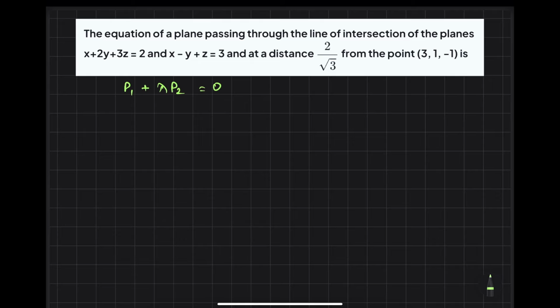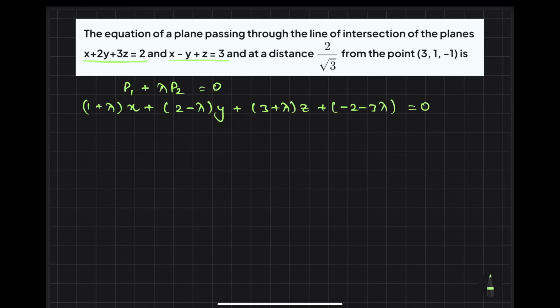So let's club everything. Plane 1 is this, plane 2 is this. Now let's write down everything together. So x will contain 1 plus lambda x, y will contain 2 minus lambda y, z will contain 3 plus lambda z, constant will contain minus 2 minus 3 lambda.